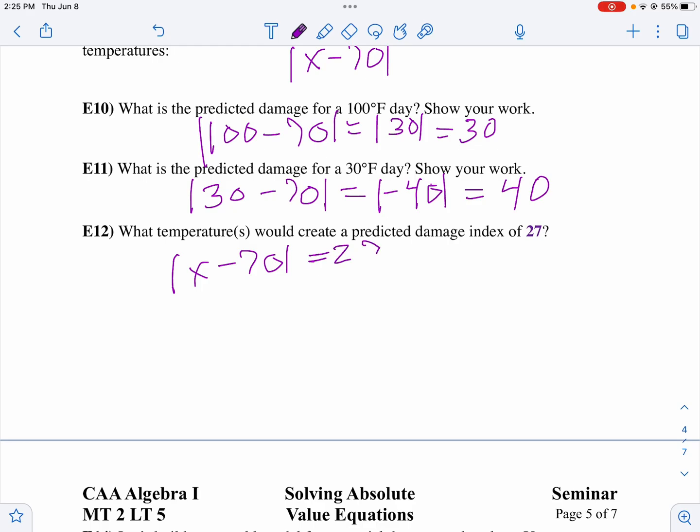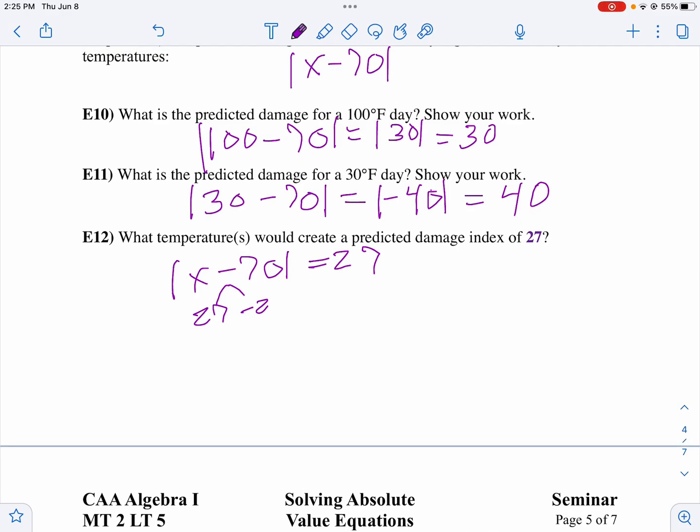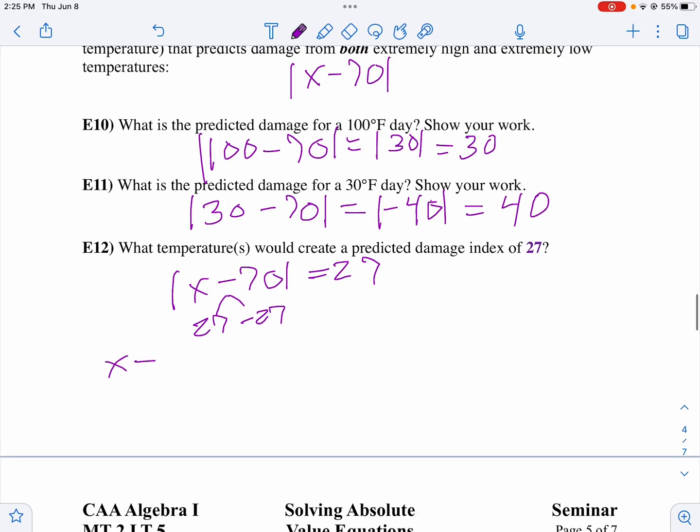What I've just shown you then is what's inside this absolute value could be 27 or negative 27, because I can be below that too. So in other words, I make two cases is usually what we say. So we're going to say x minus 70 equals 27.